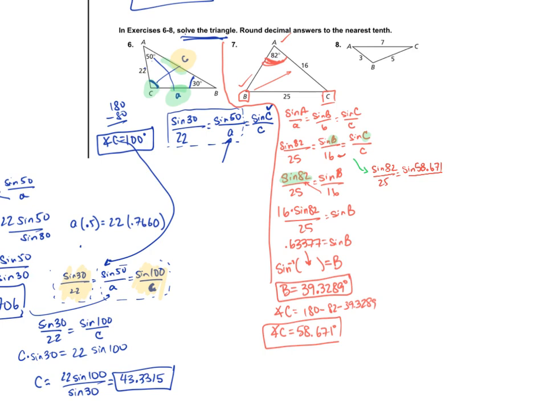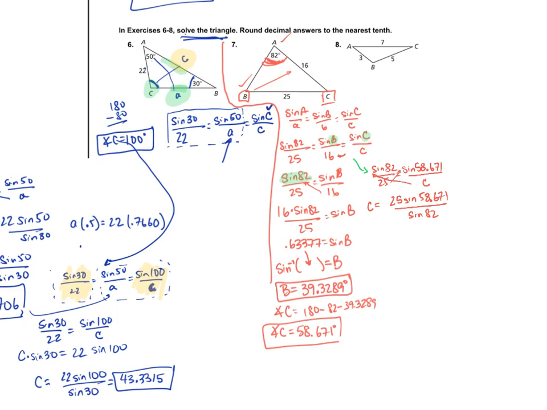58.671 over little c. So little c will be, if you cross multiply and solve, this goes here, this goes there, divide by the sine of 82, so you end up with 25 times the sine of 58.671 all over the sine of 82.